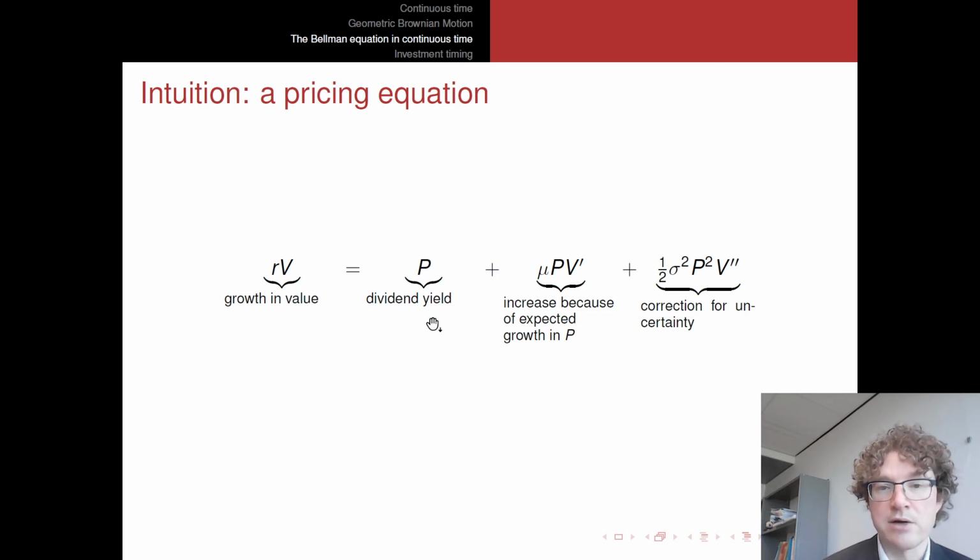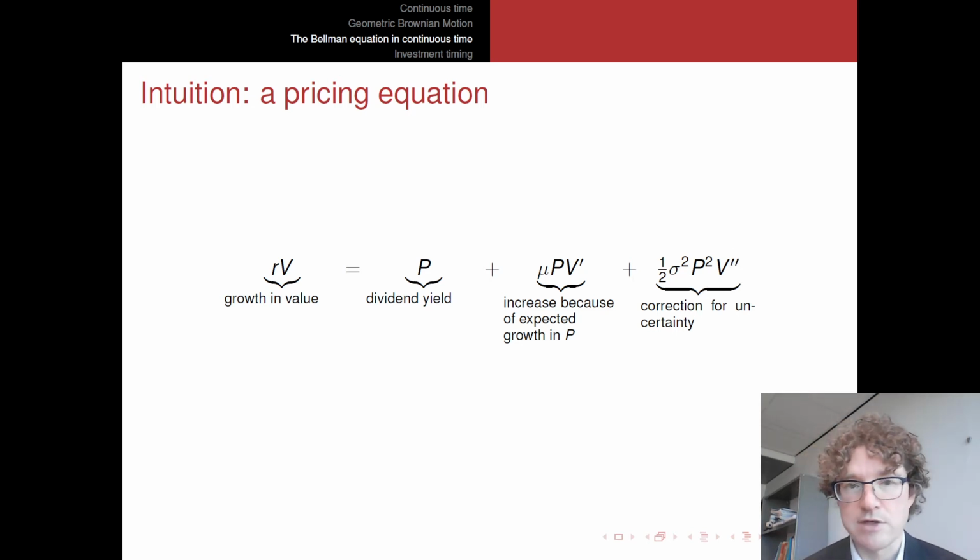There's money coming out of this asset V, which is the dividend yield P, that's the money that comes out, plus an increase in the value of the asset, an appreciation, because P itself is increasing, plus some correction for the uncertainty part, which turns out to be related to the convexity of V, the second derivative of this function V.